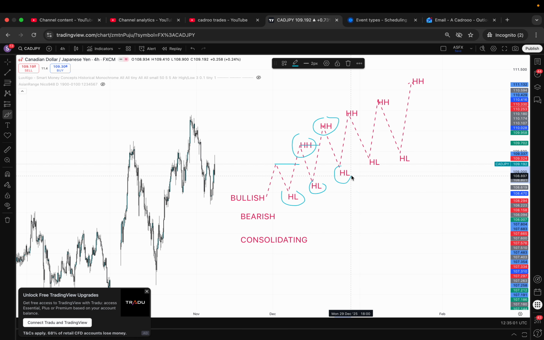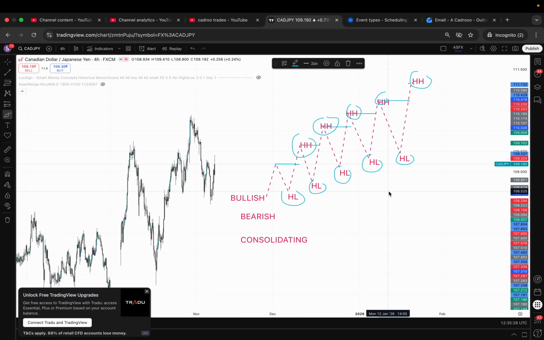This is a higher low, higher high, because this high is higher than the previous high. This is a higher low, higher high, because this high is higher than the previous high.